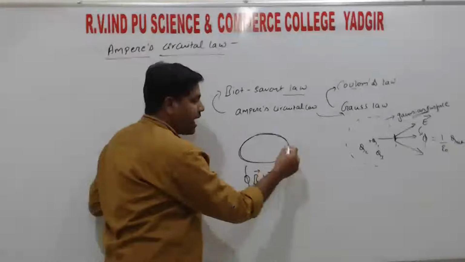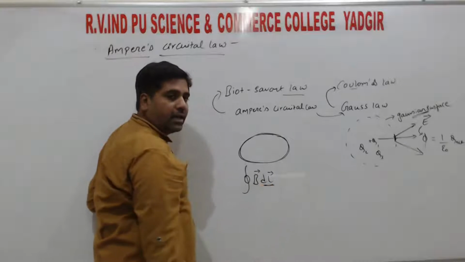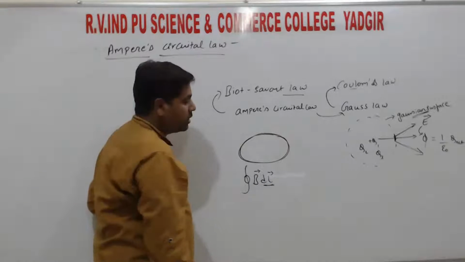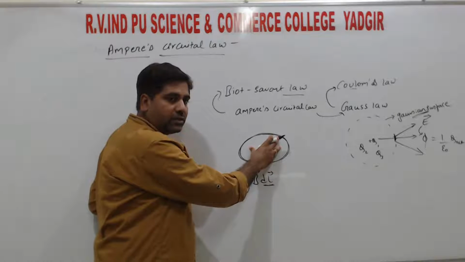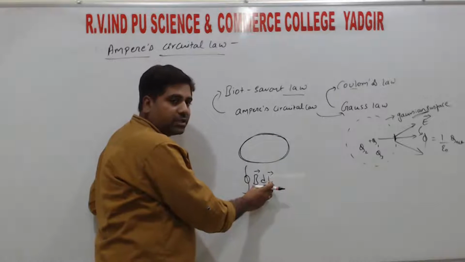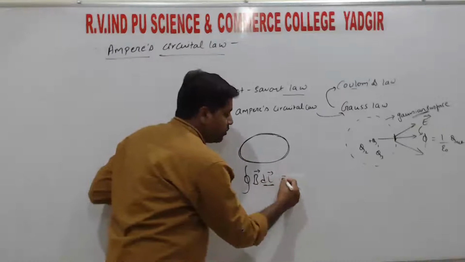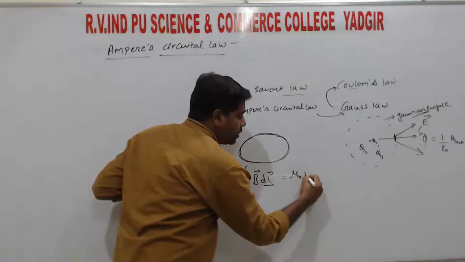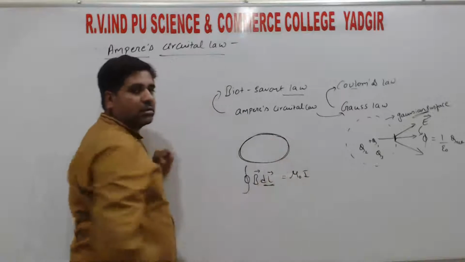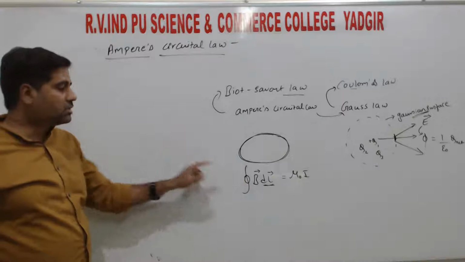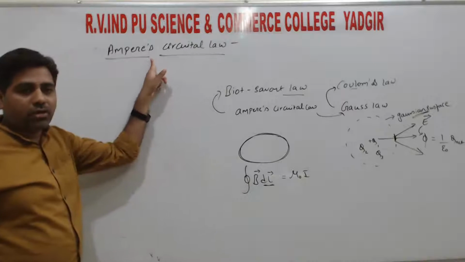So this is the surface, and it has the current element dl. Each surface gives the magnetic field, which is equal to mu naught times the total current in the surface, right? That is the Ampere's circuit law.